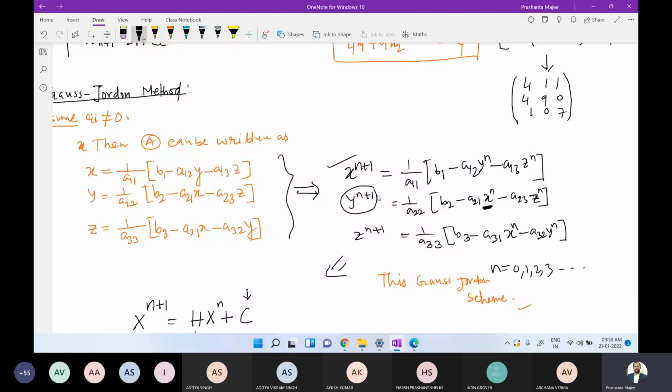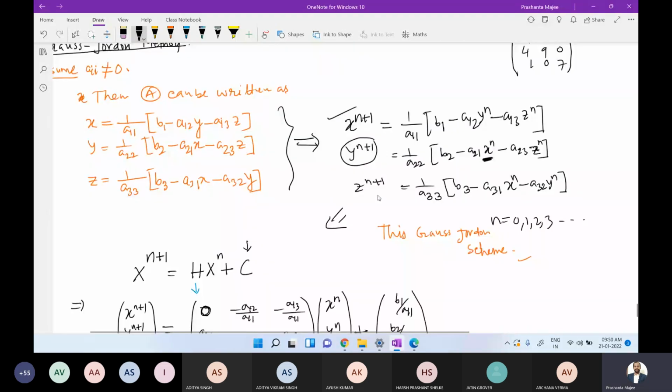So if you do so, then the scheme will be the Gauss-Seidel scheme. As soon as you have some updated value, use it in the iteration scheme, and you will get the Gauss-Seidel iteration scheme.